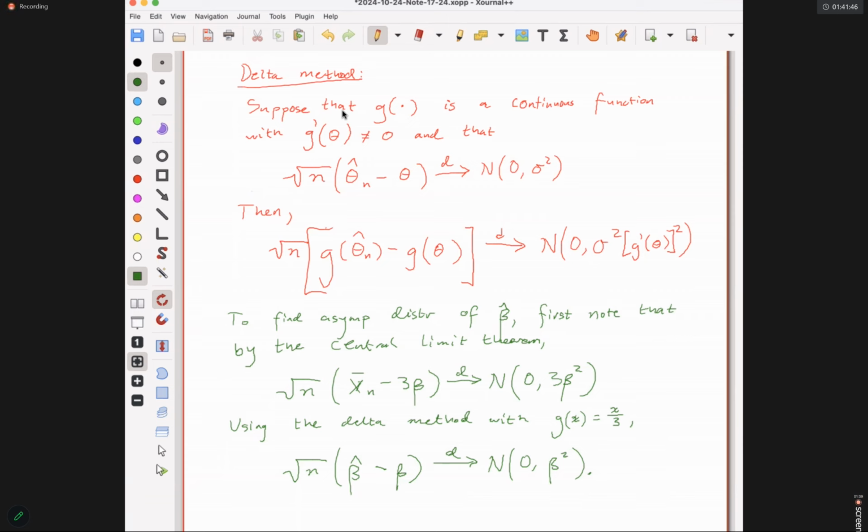The prime is for looking at the g of theta. And actually this should be beta squared over 3, because we square the 1/3.